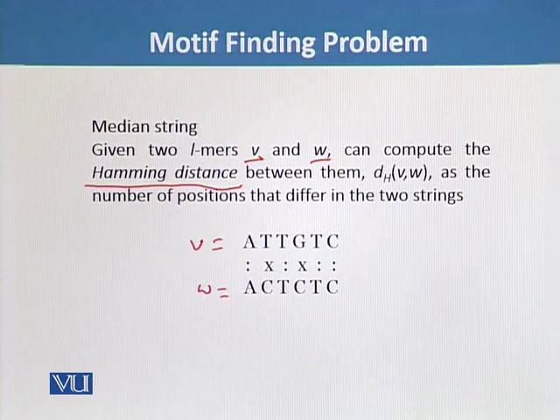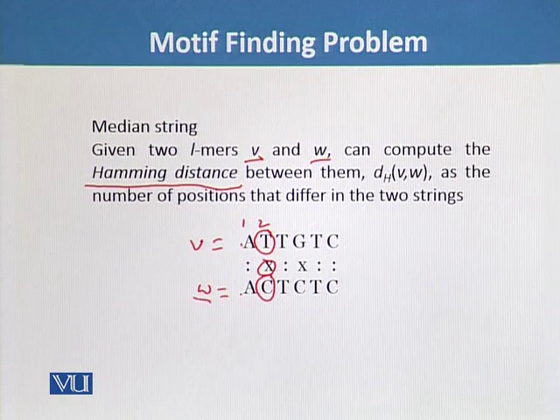In the first column both have A and A, adenine, adenine. But in the second column, in the V l-mer there is a thymine, while in the same position in the W l-mer there is a C. T and C are different, so a cross is written between them. In the third column both are the same, thymine, thymine.